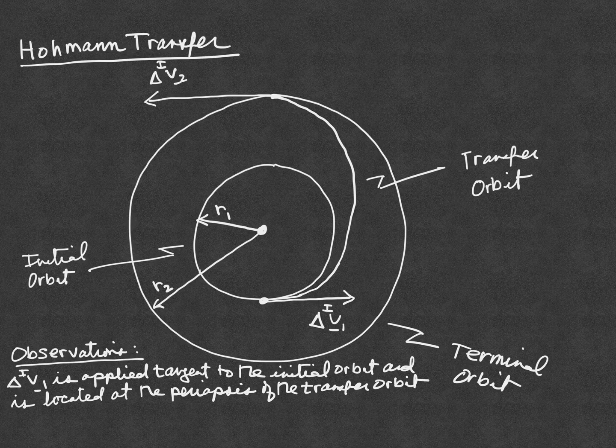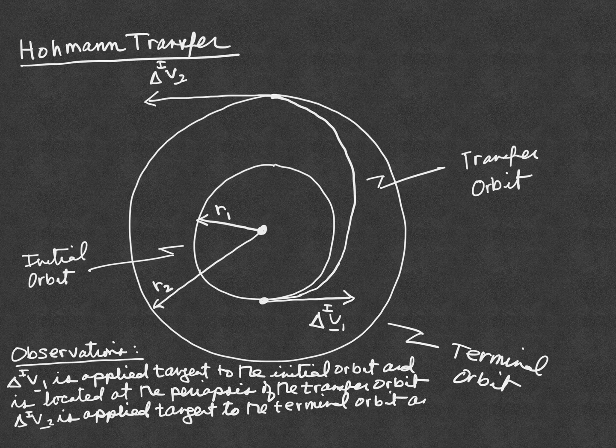The second observation is that delta v2I is applied tangent to the terminal orbit and is located at the apoapsis of the transfer orbit.